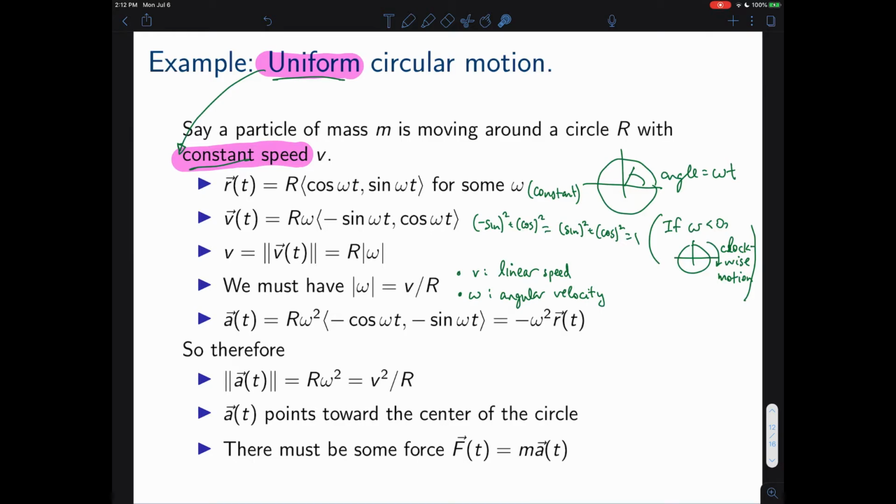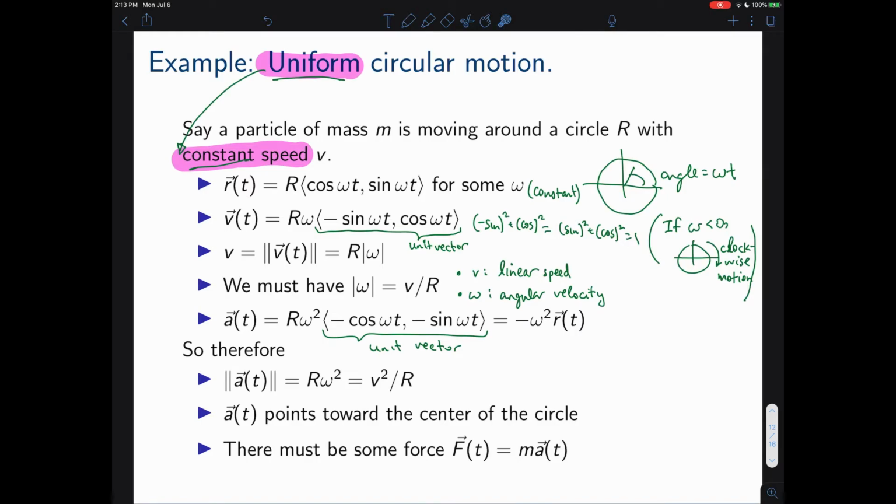So some things to observe. The magnitude of this acceleration vector is r times omega squared, because the acceleration vector is r times omega squared times a unit vector. This vector here is a unit vector, and I mentioned before that the one in the velocity was a unit vector too, but I didn't write it on the slide, so I'll go ahead and write it.